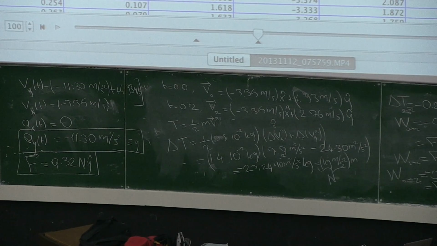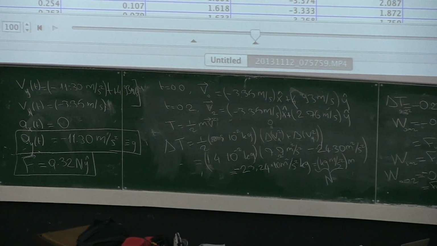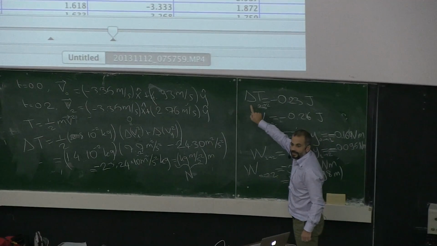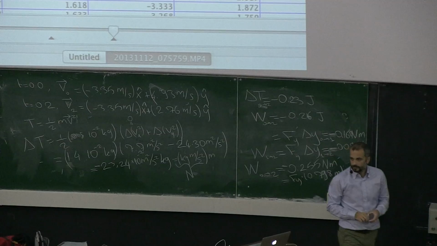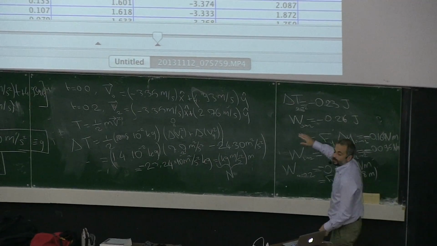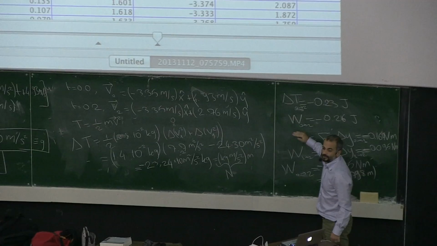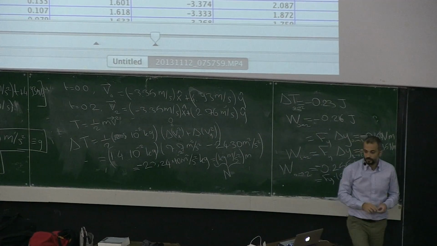Well, if you consider the error bars we have, I didn't write the error bars, but the error bars will be much larger than this difference. So within error bars, in our trajectory, in our projectile motion, we have the equality of the change in the kinetic energy and the work done on my object. So this is the experimental proof that the work done on an object by the total force acting on my object is equal to the change in the kinetic energy of my object.